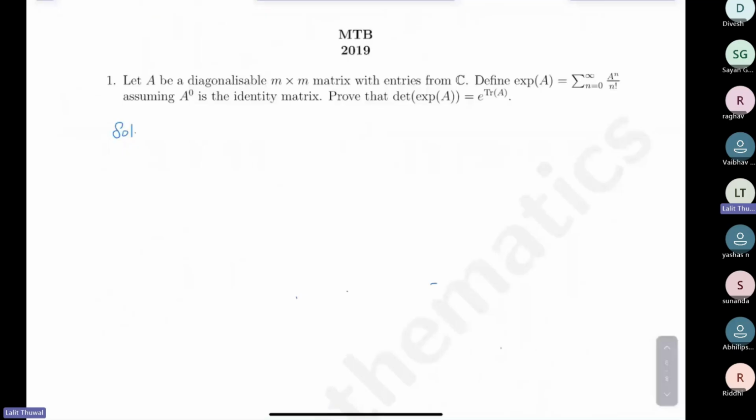Restart. So given, let A be a diagonalizable m cross m matrix with entries from C. Define this.